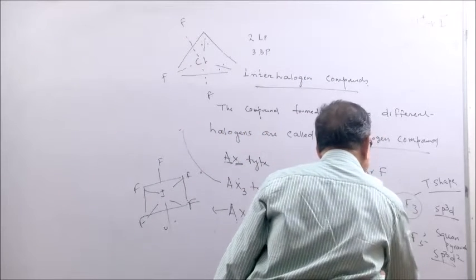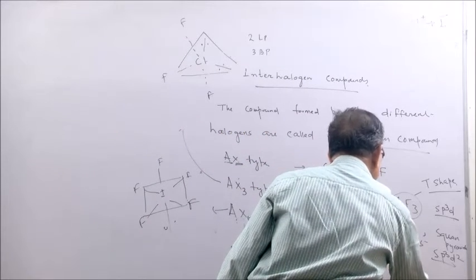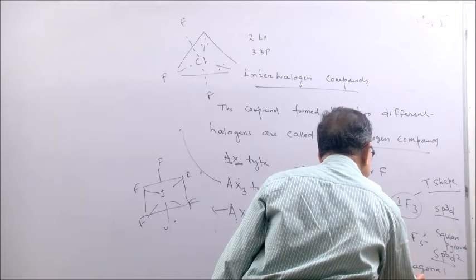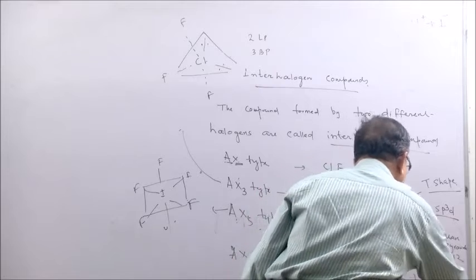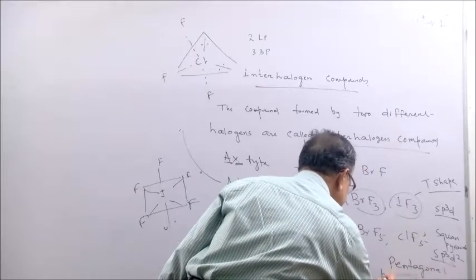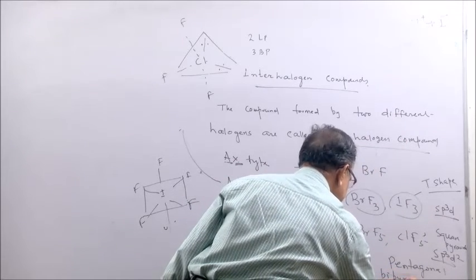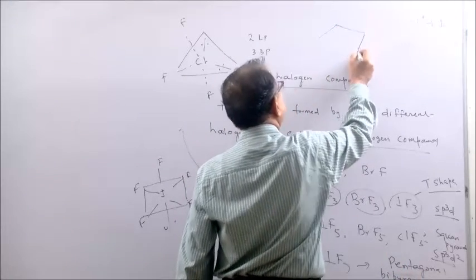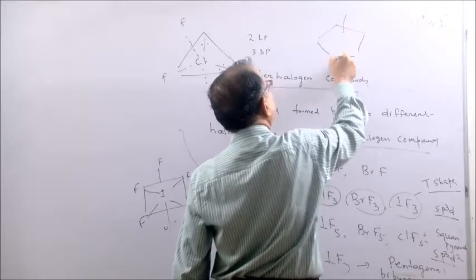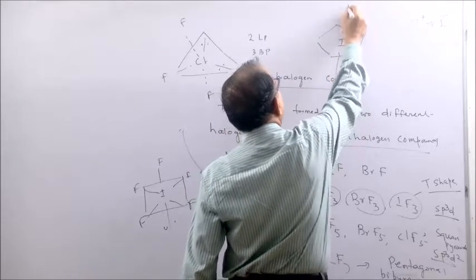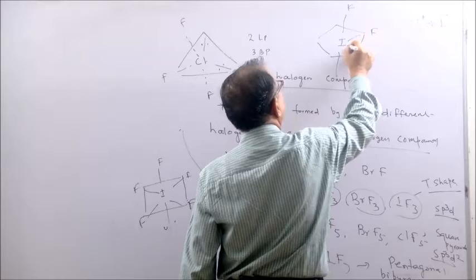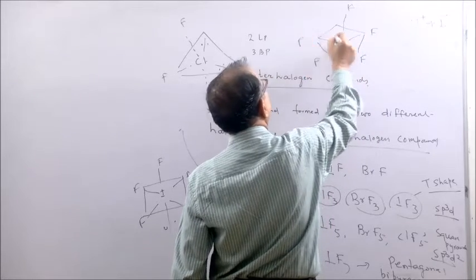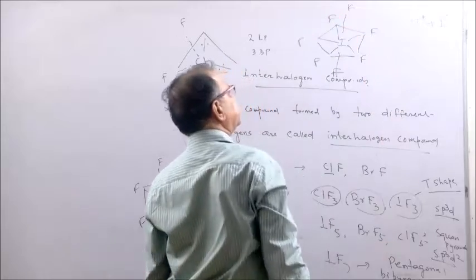IF7 is pentagonal bipyramidal. The shape is a pentagonal bipyramid like this: 5 fluorines in the plane, one above and one below. I with F, F, F. There is no lone pair, only bond pairs.